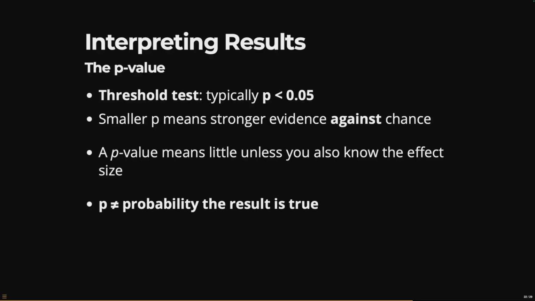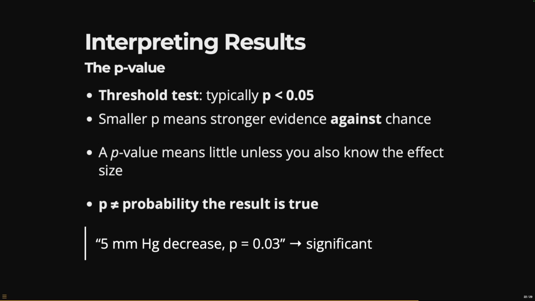One thing you alluded to is that the p-value doesn't mean the probability of the result being true. It's more complicated than that. And usually you'll see a metric with the p-value that's under 0.05 and is significant.